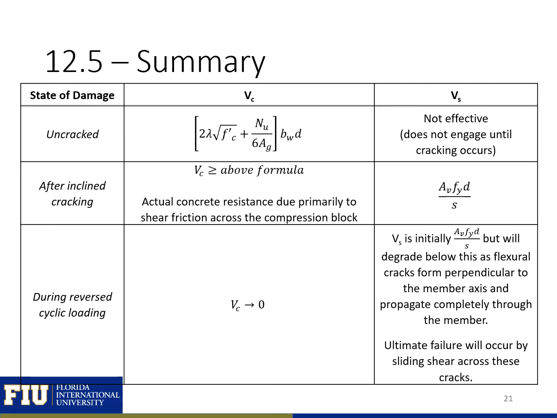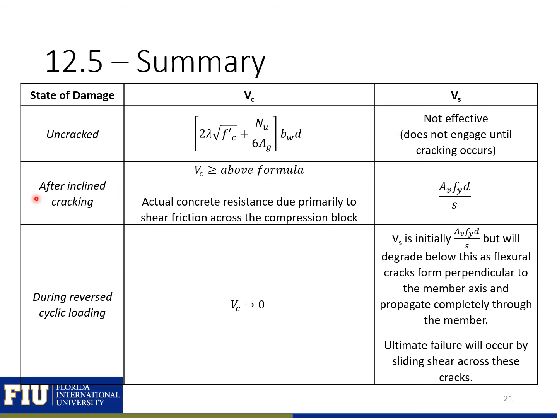Here's a summary of what we've gone through so far. So we see the state of damage and we see V sub C and V sub S in this table. When we're at an uncracked state, we have a V sub C equal to the V sub C that we can calculate using ACI 318. Our V sub S, our steel, is not effective. It does not engage until cracking occurs.